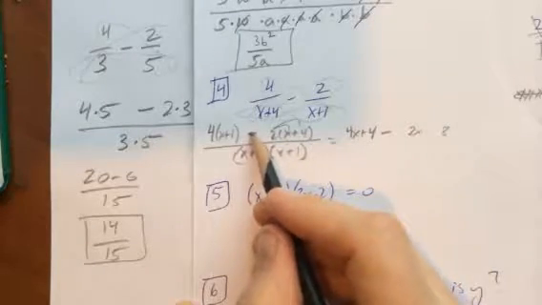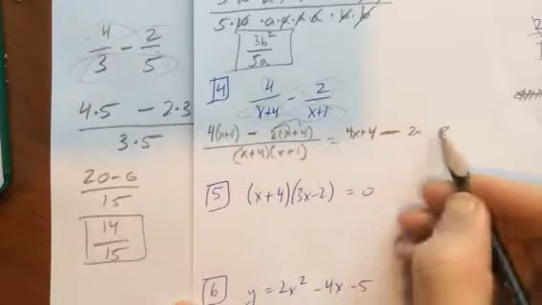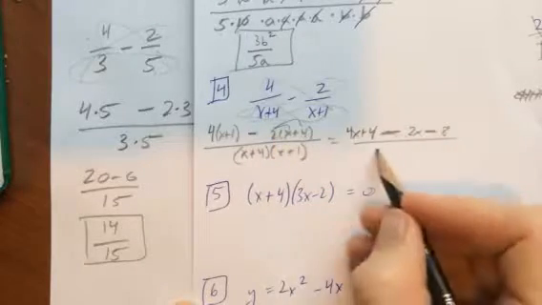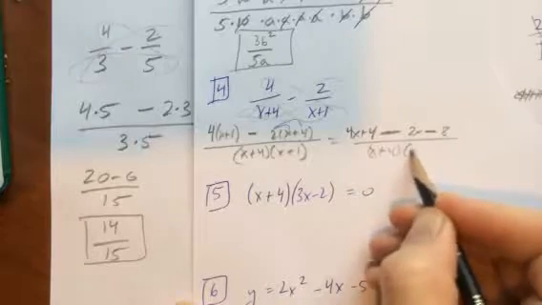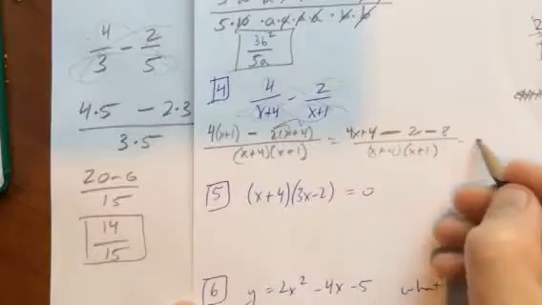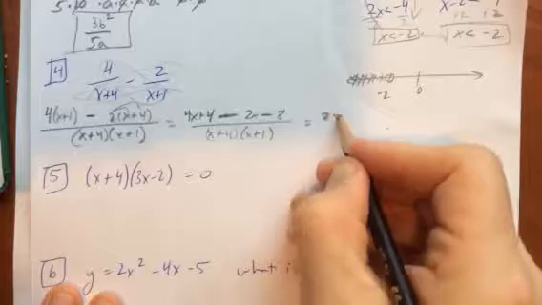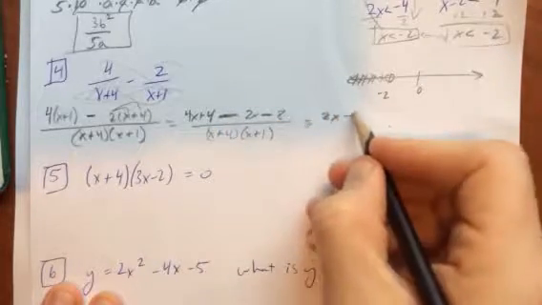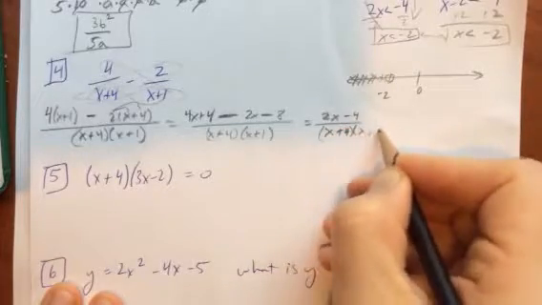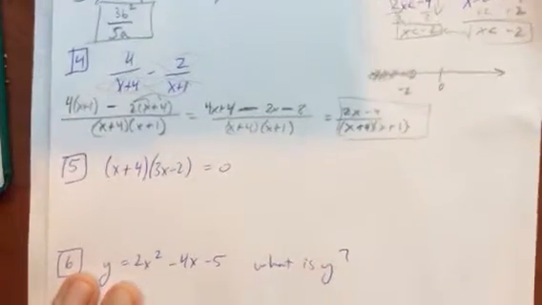But now you're multiplying a negative 2 to both. So it's like minus 2x minus 8, because it's negative 2 times 4. Divided by x plus 4 times x plus 1. This becomes 4x minus 2x, which is 2x. 4 minus 8, which is minus 4, over x plus 4 times x plus 1. You could multiply those out, but probably you could leave it like this.